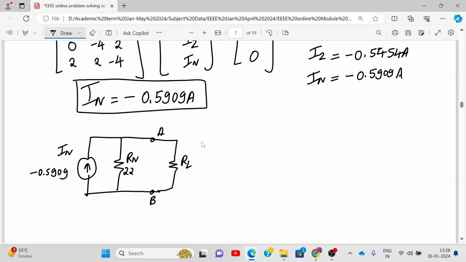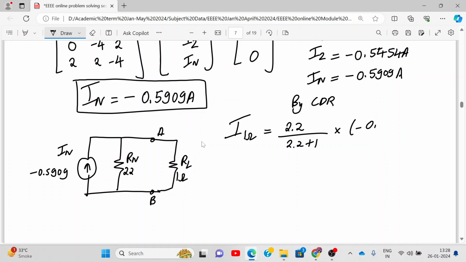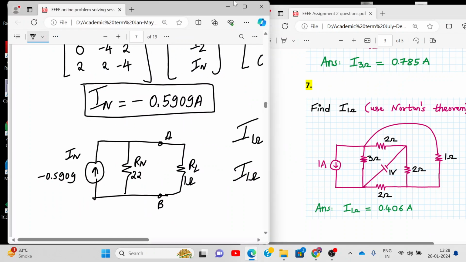How will you find the current through RL, this 1 ohm resistance? By CDR, the current division rule. The other resistance, that is 2.2 divided by 2.2 plus 1, into minus 0.5909. Tell me the current. How much is the value of the current?